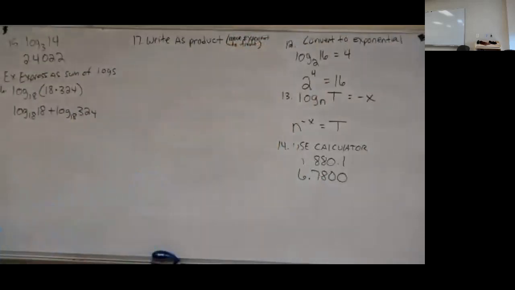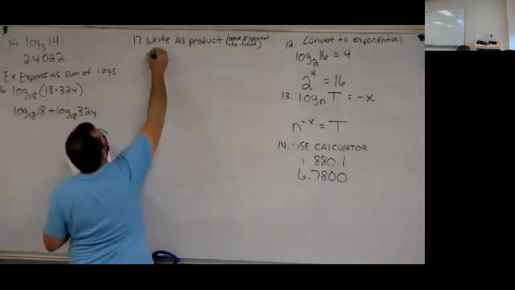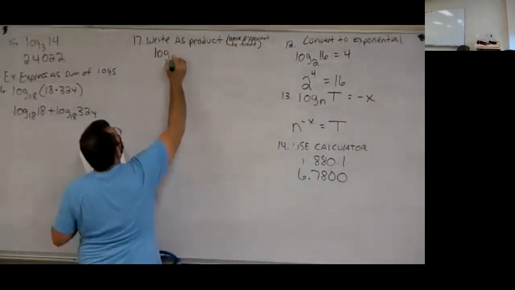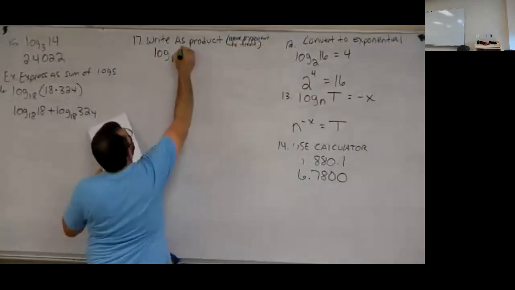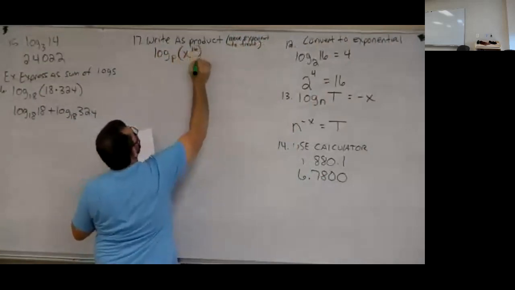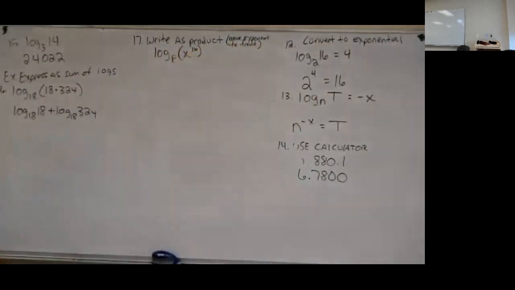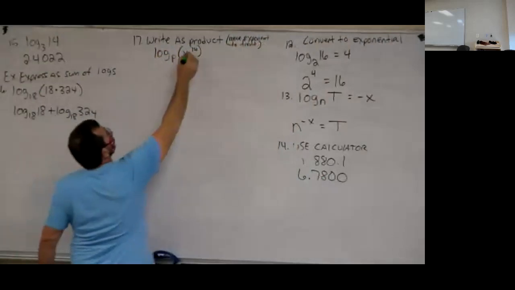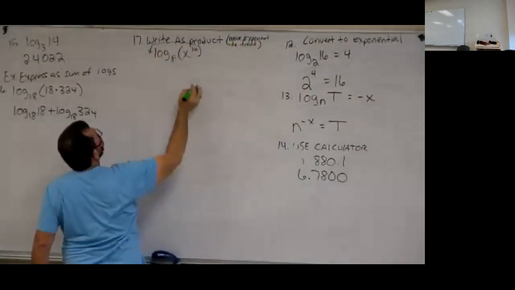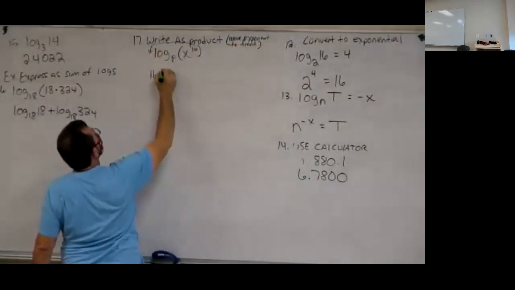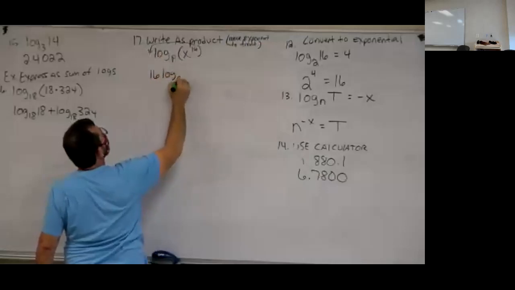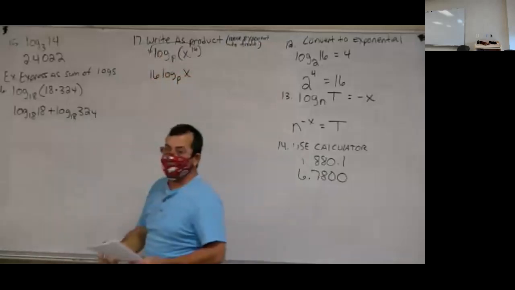So let me see what they actually gave me. So 17, they gave me log base P of x to the 16th. Well, take the 16 and move it to the front. So now you have a product of 16 times log base P of x. Okay.